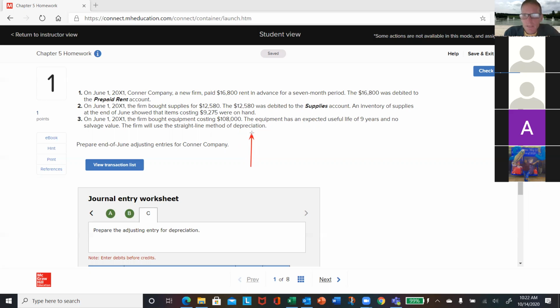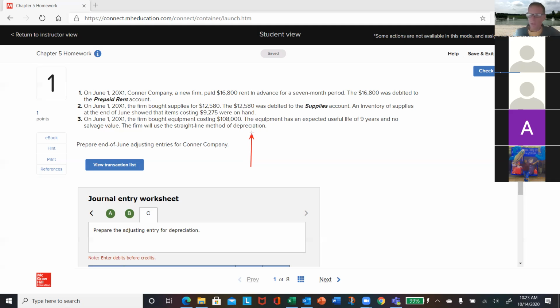Outside of accounting, a lot of you might view depreciation as a decline in value. For example, with an automobile, you bought a car, 10 years later, it's worth less, and they say, well, it's depreciated. That's a common definition outside of accounting. Accounting uses depreciation as an allocation method. So I would rather you view it as, for this class, we're allocating cost. We're not doing anything with the value.